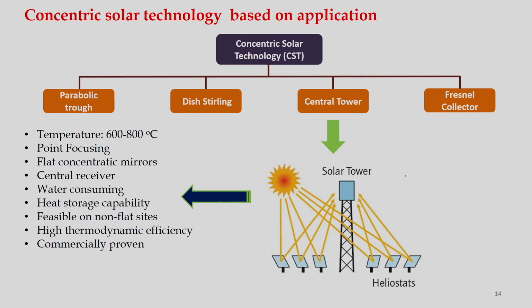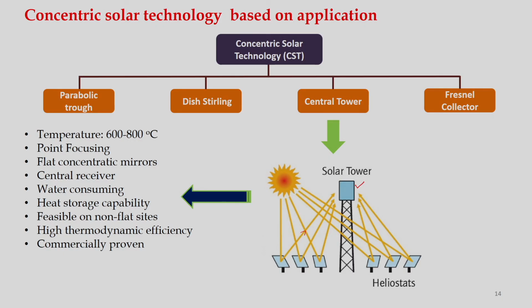Now, come to the central power receiver system, okay, which is quite common in many of the countries. So, here what happens, you can see one single tower will be there and one receiver will be there at the top, and these are the mirrors. Solar radiation falls here and then reflects back to this receiver, okay.